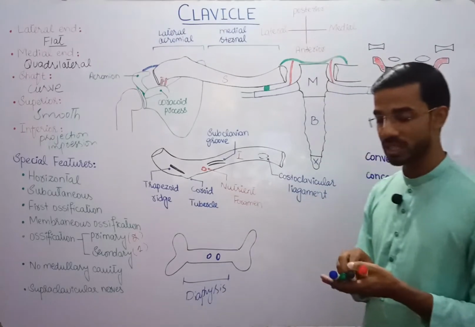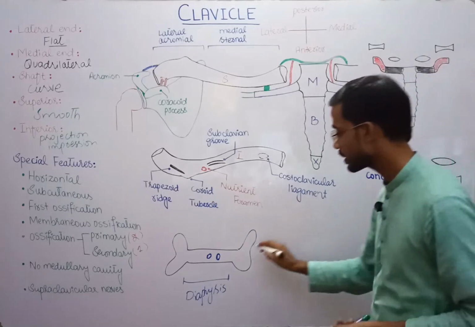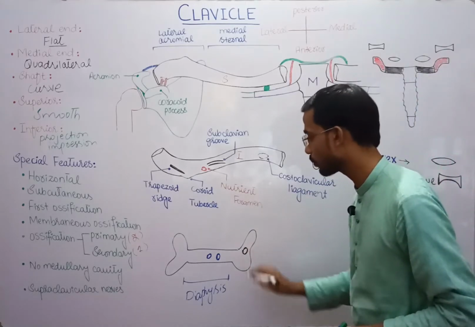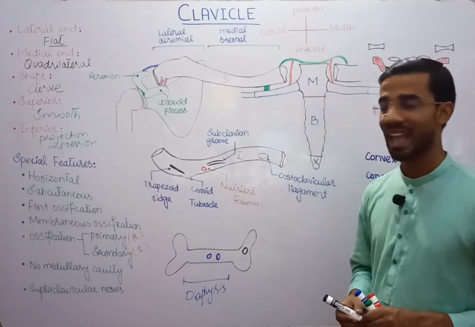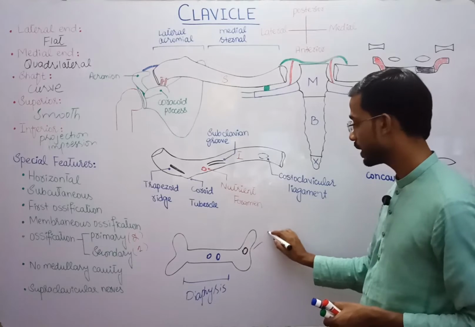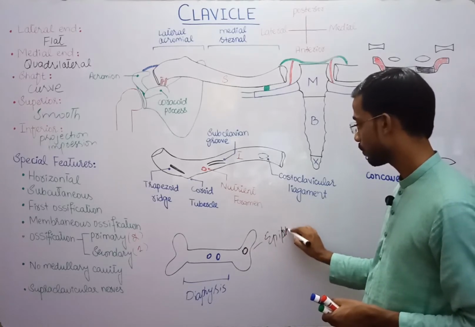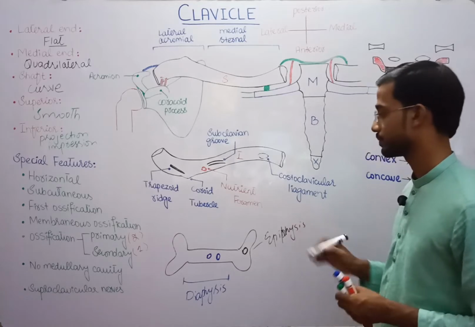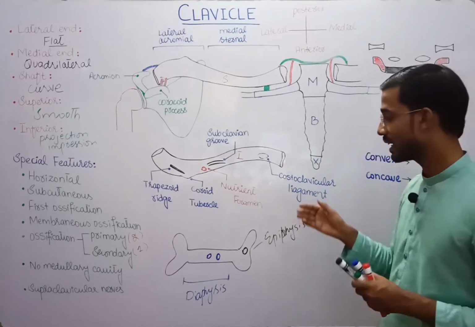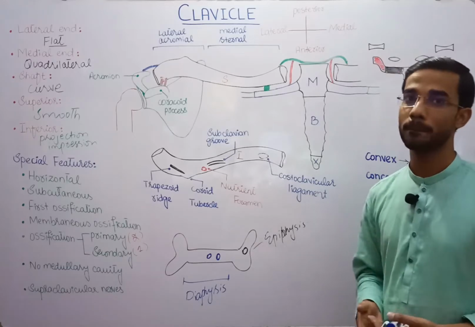Secondary ossification centers are usually at the periphery of the bone. It means at the corners of the bone, and they usually result in the formation of the epiphysis, and they are present after birth.